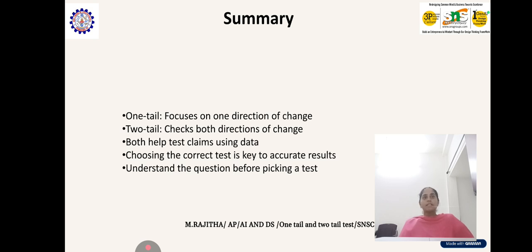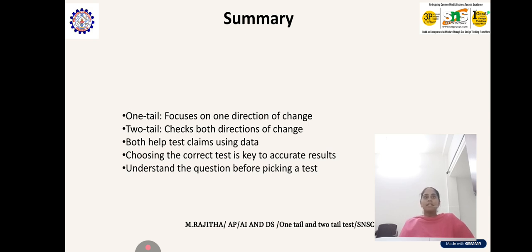The choice of test affects how we calculate p-values and determine critical values. One-tailed tests have more power to detect effect in one direction but cannot detect changes in the opposite direction. But the two-tailed tests are more cautious and balanced, spreading the rejection region area across both tails.